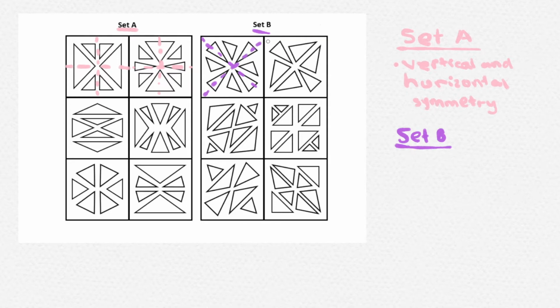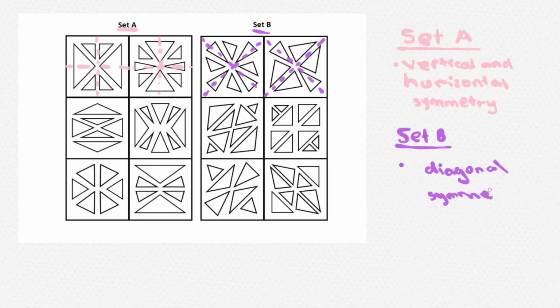However, not only on one side, but both diagonals. Now, let's try it on a second square to make sure our rule is correct. As you can see in the second square, the same rule applies. Therefore, our final answer for set B will be diagonal axis of symmetry.